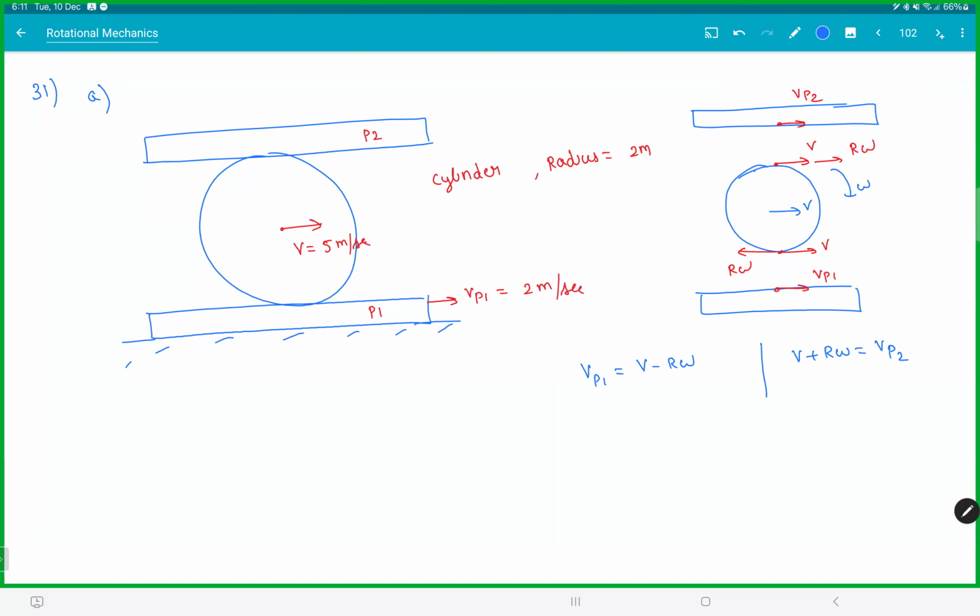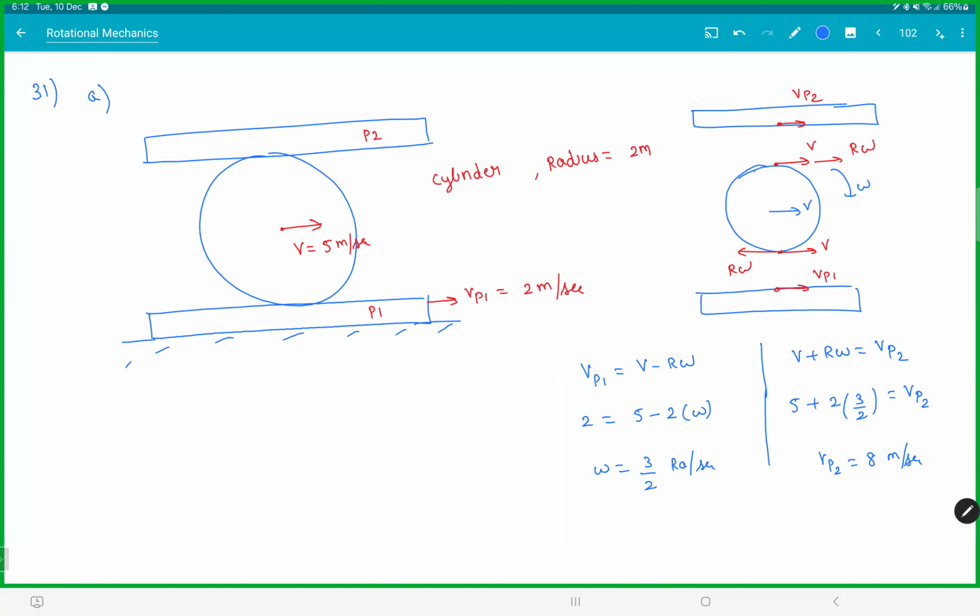Isn't that the meaning of no slipping? Wherever you're touching, those 2 points should have same velocity. Now vp1 is given as 2, v is given as 5, r is given as 2, and this is omega. So omega is 3/2 radians per second. This is v, and r is 2, and omega is 3/2, and this is vp2. vp2 is 8.